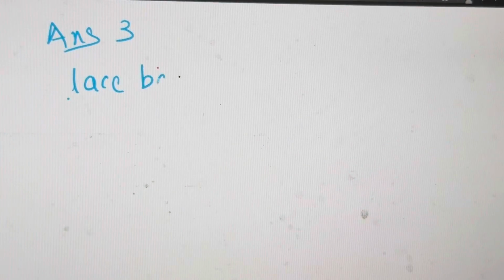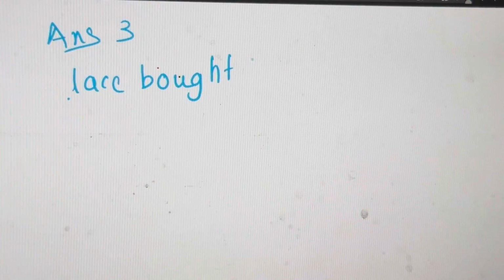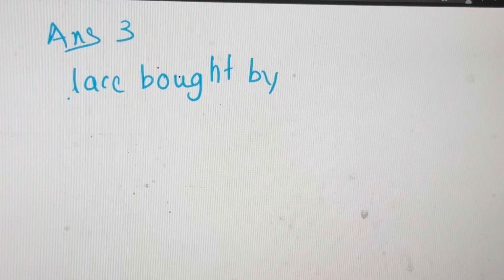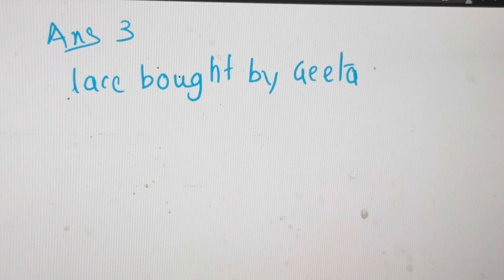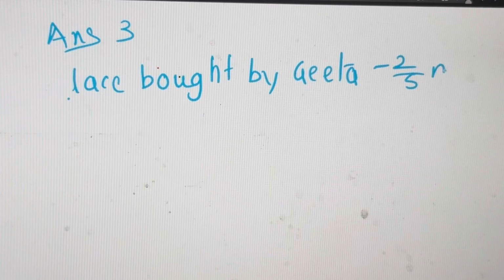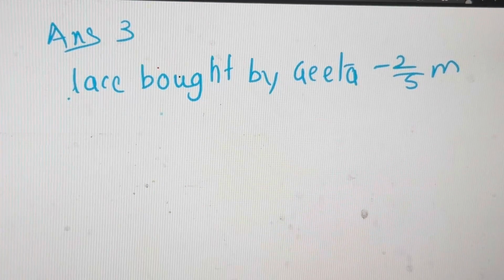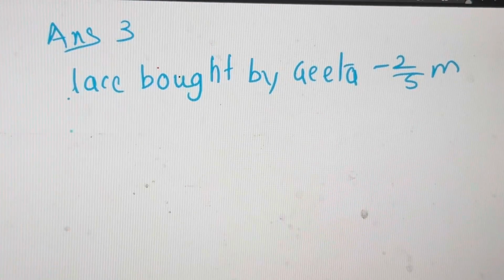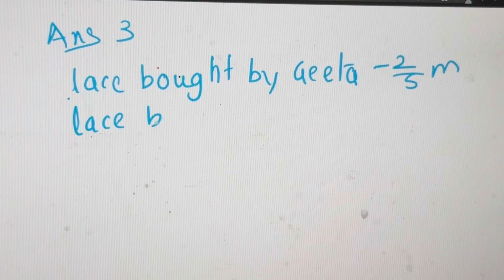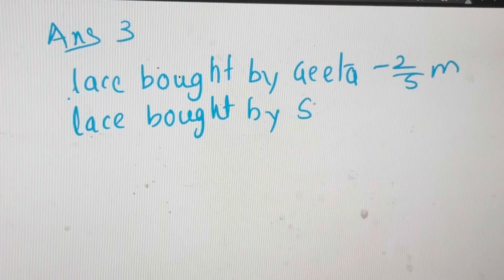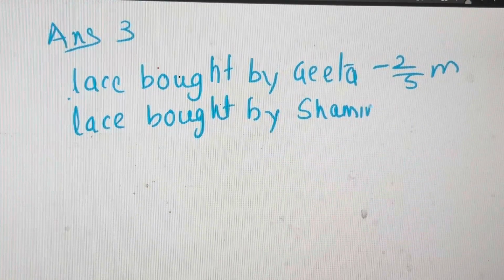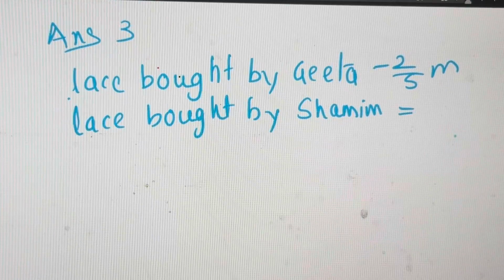So lace bought by Geeta is 2/5, 2/5 of meter, and lace bought by Shameen, that is equal to 3/4 meter.